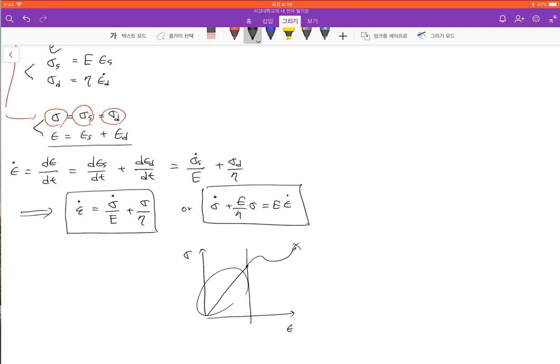So below a certain point, it shows linear behavior. Above that it is not linear anymore, so that point is called the yield point. Below the yield point, we say it shows elastic behavior. Above it, it shows plastic behavior, plastic deformation.